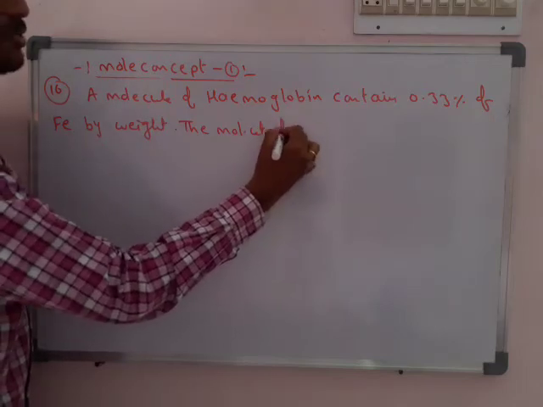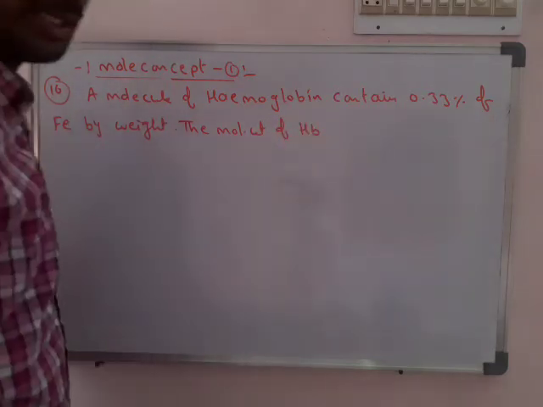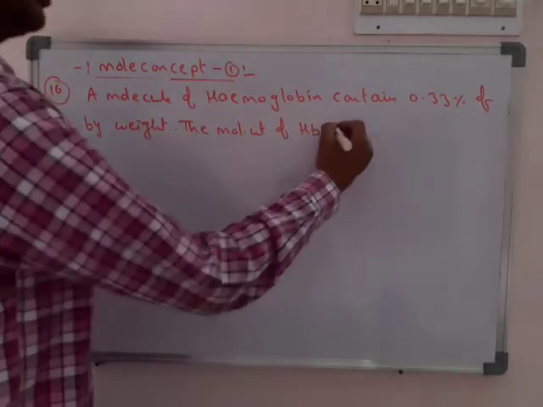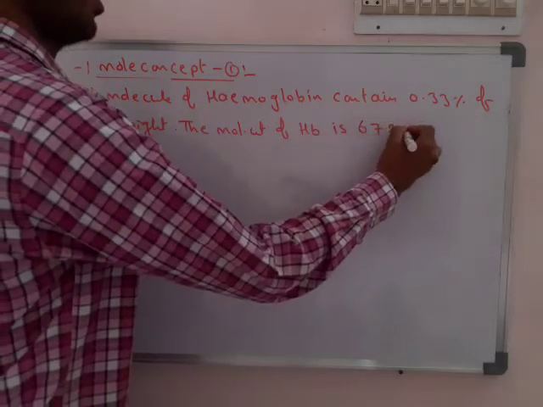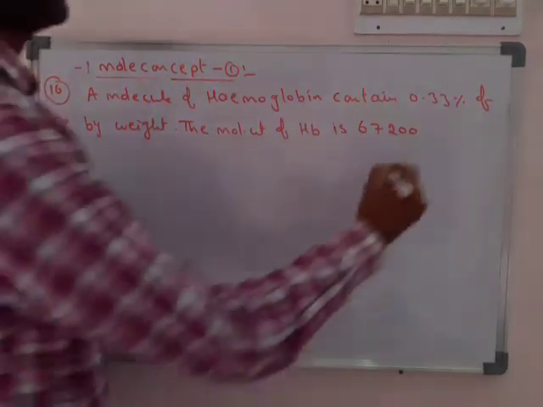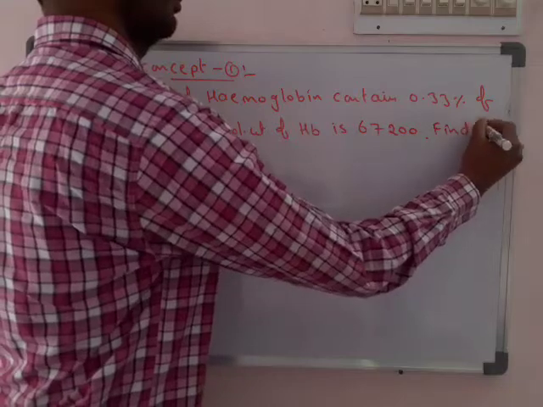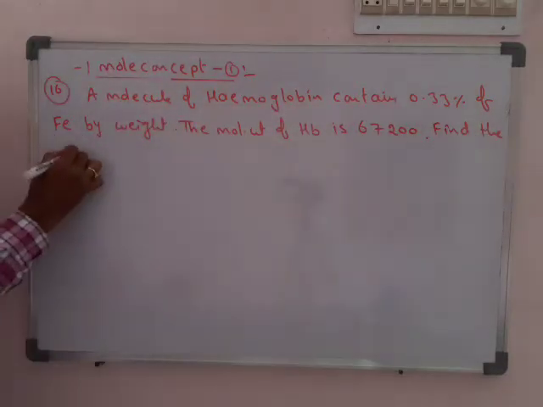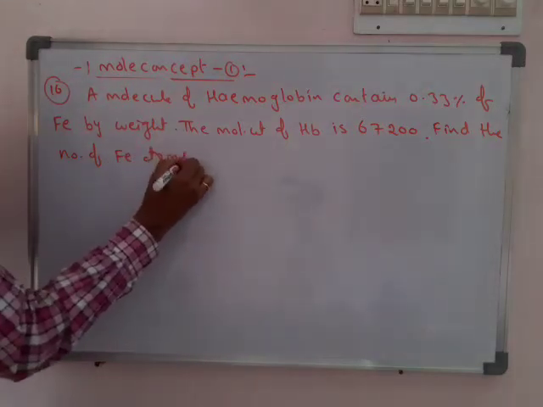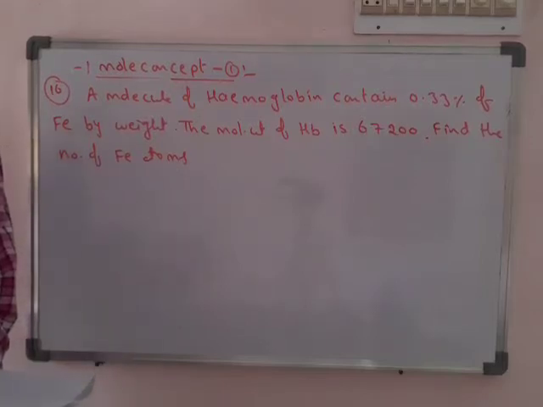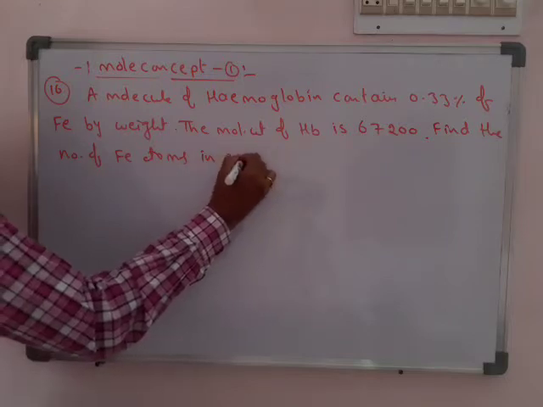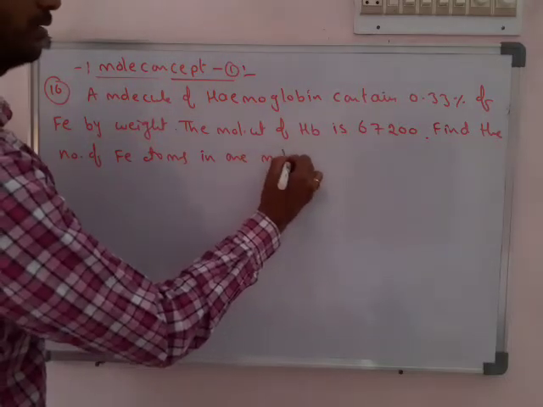The molecular weight of hemoglobin, which we write in shortcut as Hb, is 67,200. So find the number of iron atoms in 1 molecule of hemoglobin.